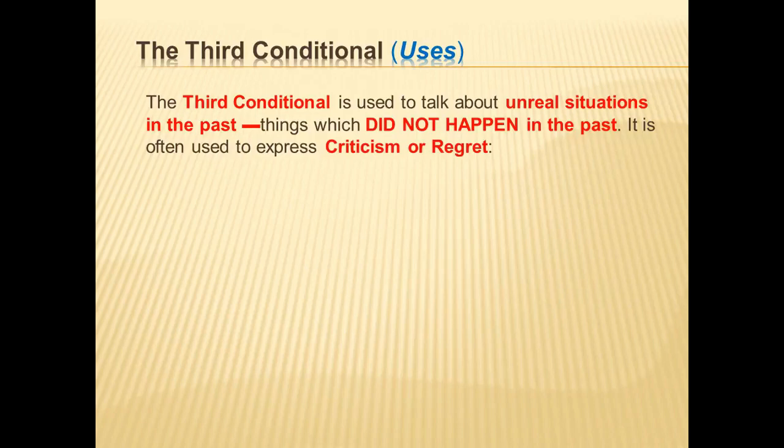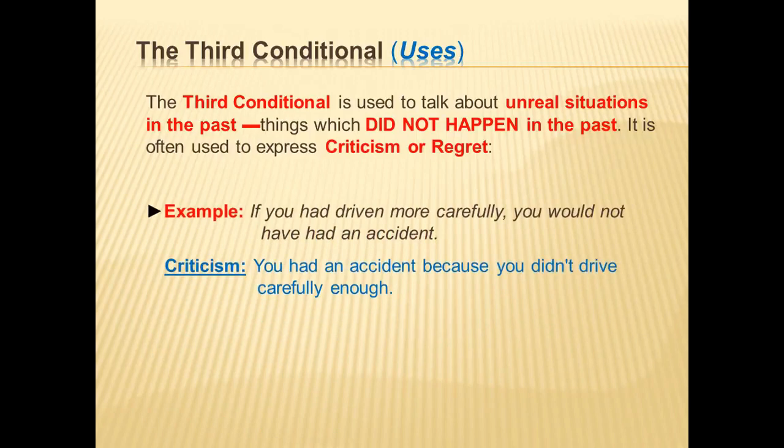It means that we use it to talk about things that are not real in the past, and did not happen in the past as well. You can use it to criticize someone, and you can use it for regret, when you want to say sorry for something. This is an example.